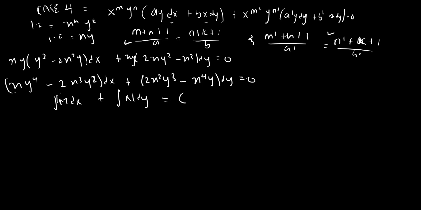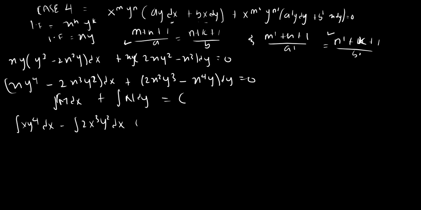Remember, for n you are integrating only the terms of n that have only y as a variable. So we have the integral of xy to the power of 4 dx minus the integral of 2x cubed y squared dx. Now for n, we don't have any term that has only y as its variable.